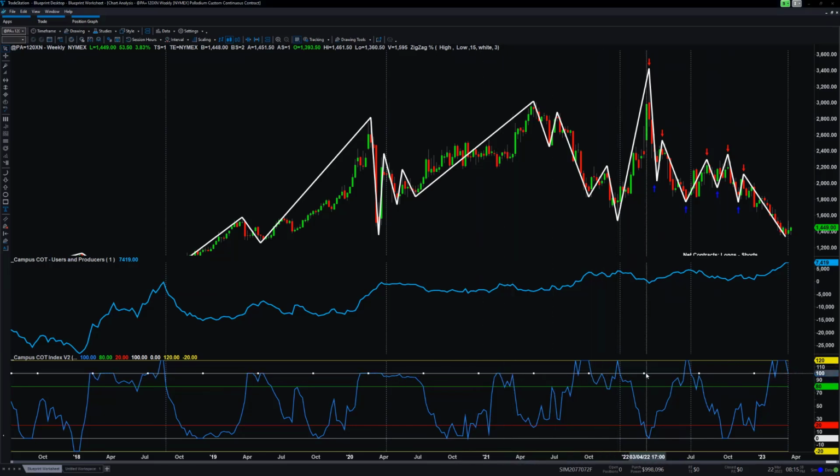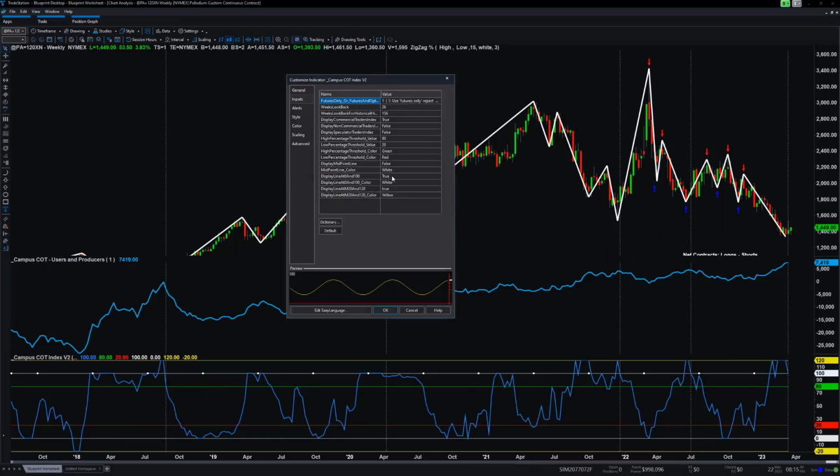So what I usually do is for the 0 and 100, I just leave that as a false. And then the 0 to 100 color, I don't need to change that because it's removed anyways. And then the -20 and the 120, I have a yellow color. So those are my extremes.